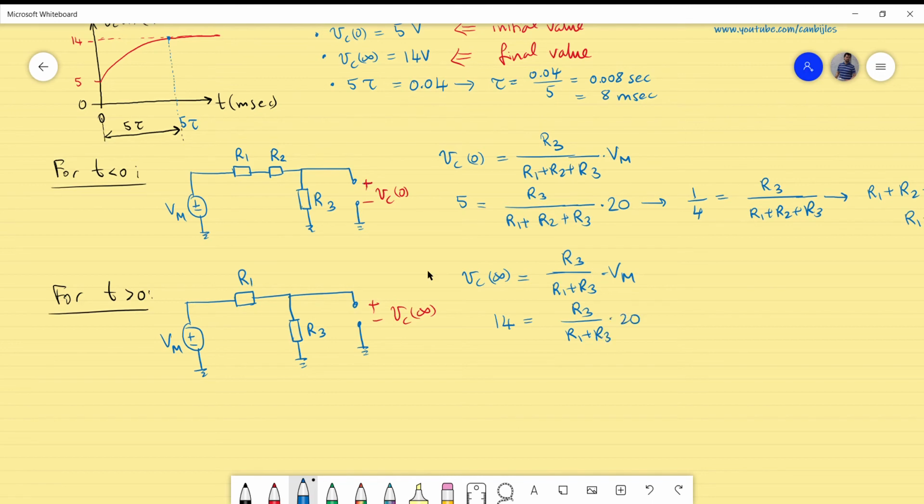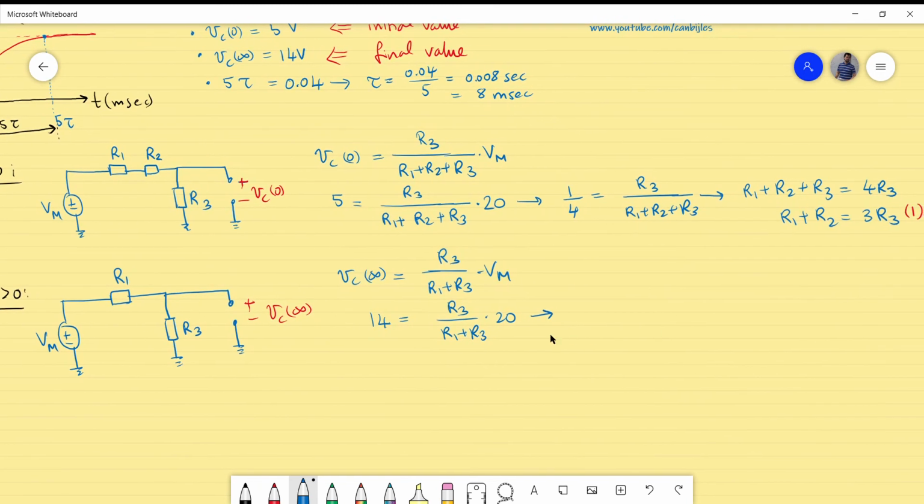Now let's simplify this as we did for the first step. I can divide by 20, left part and the right part. So I will get 1 over, or 0.7. That might be also possible. So I will get 0.7 is equal to R3 divided by R1 plus R3.